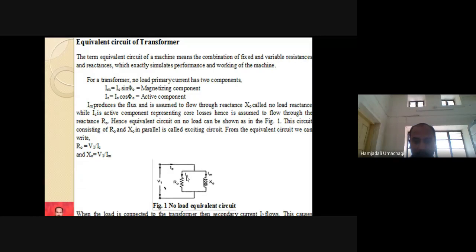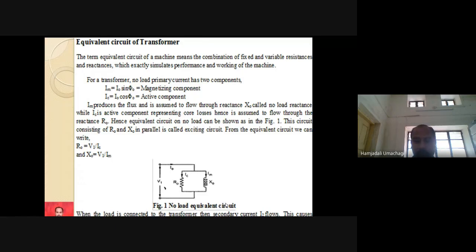IC is the active component which is responsible for total losses in the transformer, and this current IC flows through the no load resistance R naught, whereas magnetizing current IM, which is responsible for producing the flux in the transformer core, flows through the no load reactance X naught, and this whole circuit we call the no load equivalent circuit.